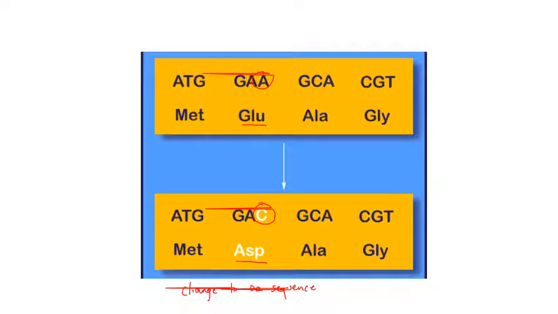I'm sorry, I don't know why it's doing these funny lines. If there's a change to the amino acid sequence, those hydrogen, ionic, disulfide bonds may form in different positions, which would change the tertiary structure, which would result in a protein that functions differently or perhaps doesn't function at all.